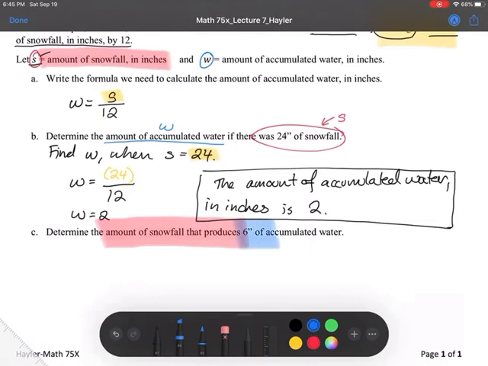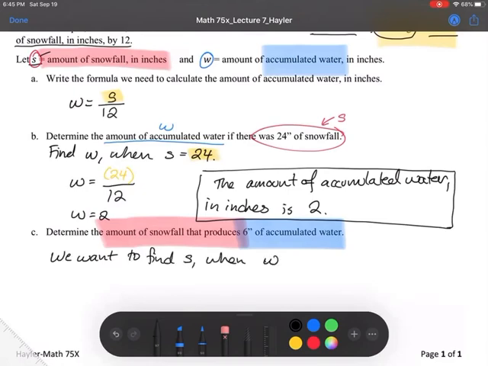We're given that we have 6 inches of accumulated water, and remember, the accumulated water is W. So we want to find S when W is 6. Because remember, W is our accumulated water, and S is our amount of snowfall.